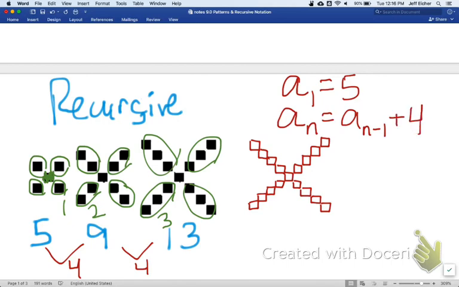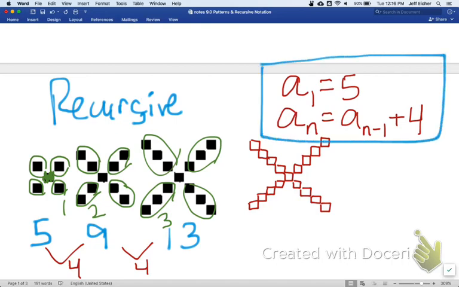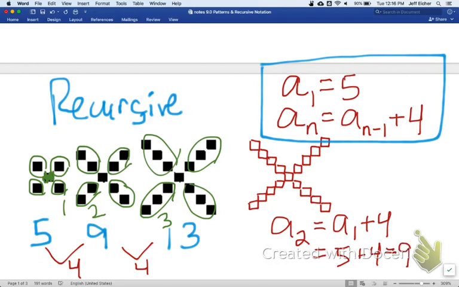So what that would look like as an example, I'm pretty sure that is going to work, so I'm going to box that. As an example, if you want your second term, you're going to take your first term plus 4. Your first term was 5, you're going to add 4 to that, and you get 9. And that's what we should get, 9 total squares.